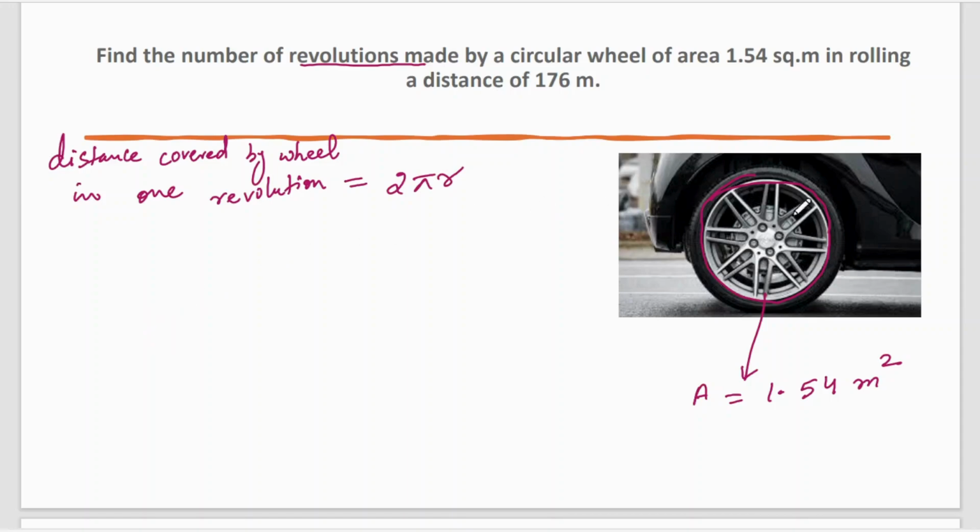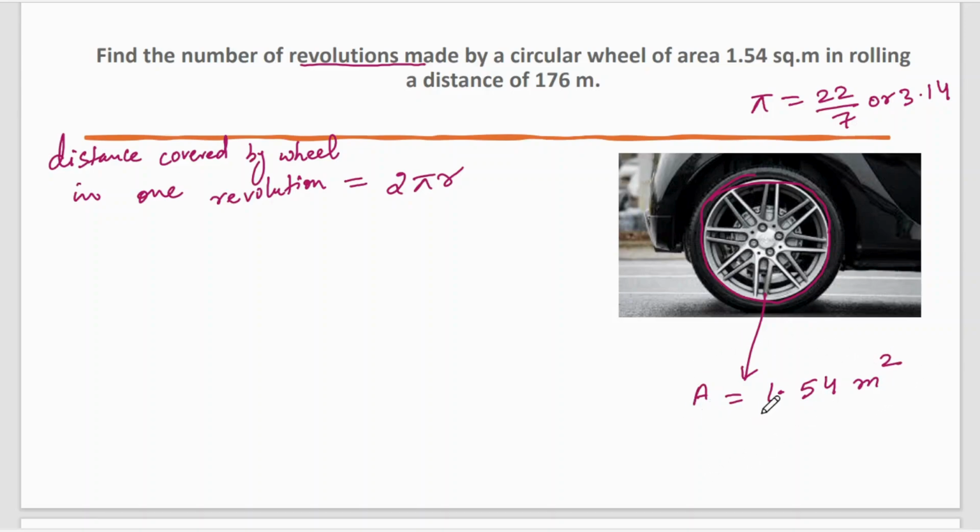Now we don't have r. We can take the value of pi as 22 by 7. See, the value of pi is 22 by 7 or 3.14. So we can take any value according to the convenience for our calculation. It is up to you which value you use. Sometimes it is also given in the question which value of pi to be used.